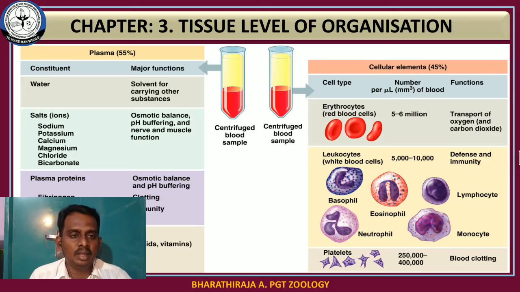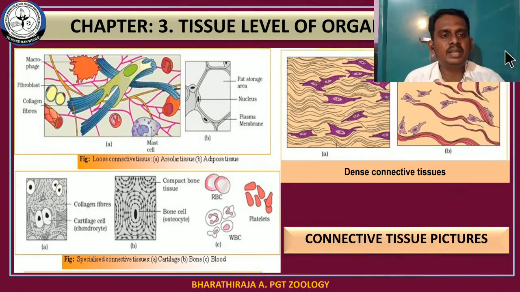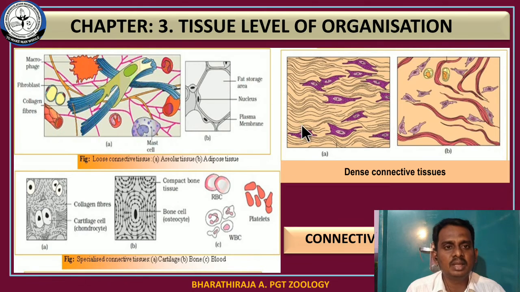Okay, and in the last slide I would like to show the various pictures of connective tissue. There are three types of connective tissues we discussed in this part: loose connective tissue, dense connective tissue, and specialized connective tissue.